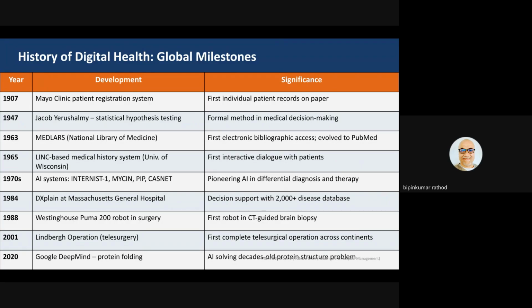In the recent history, by 2020, Google also jumped into digital health evolution, creating Google DeepMind.